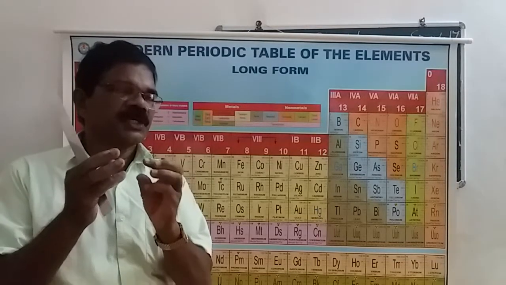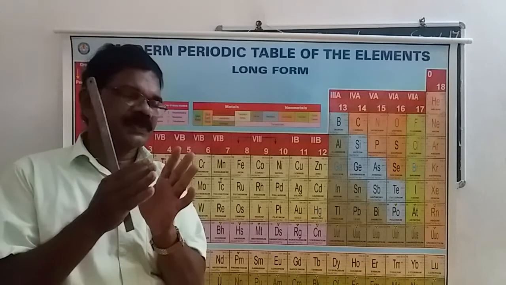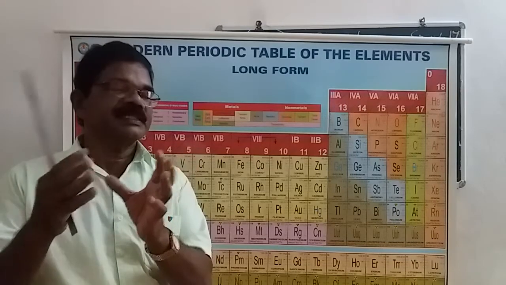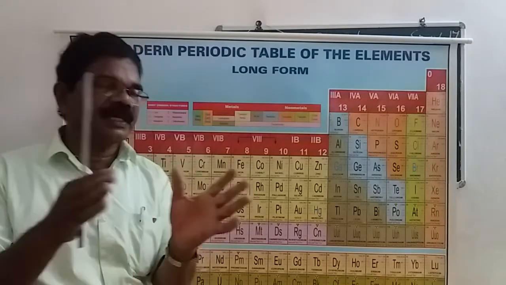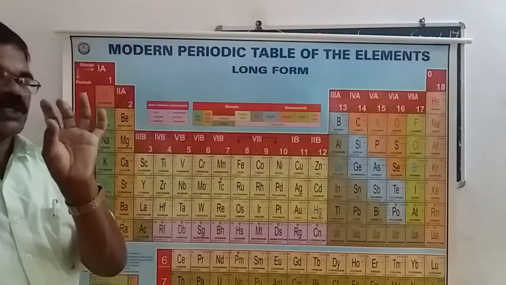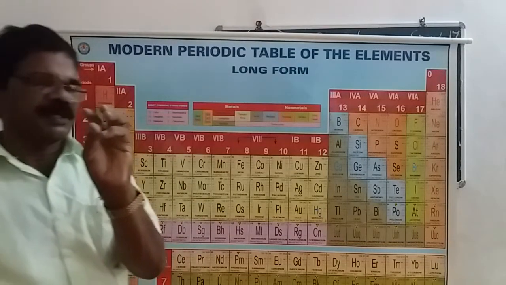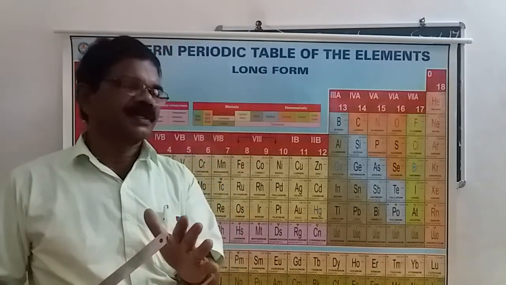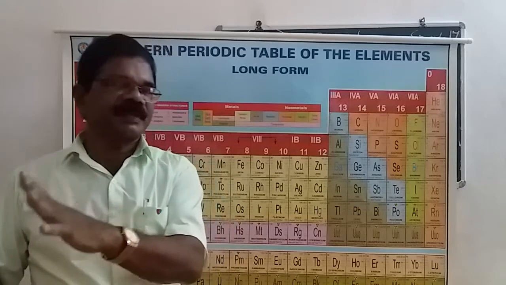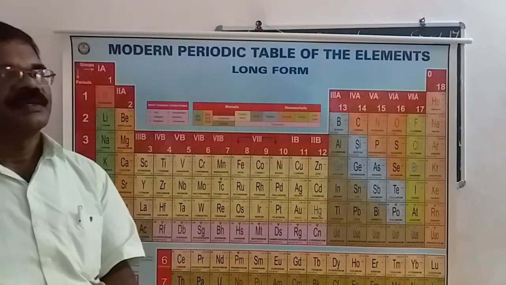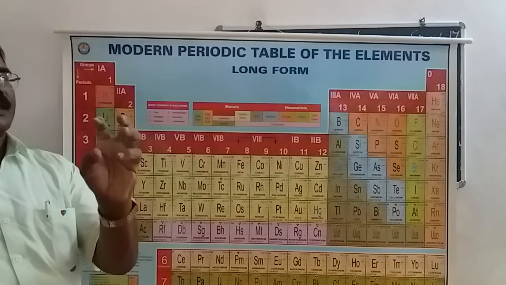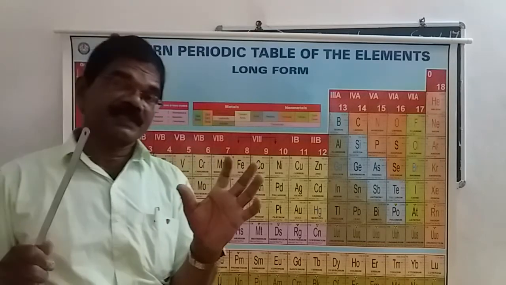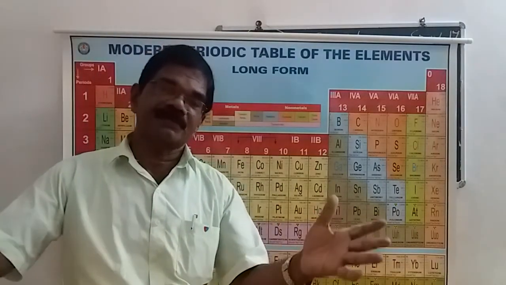In small atoms, that is small atomic radii, electrons are closer to the nucleus. In the biggest atoms, electrons are far away from the nucleus. Which has more tendency to lose electrons? There is no doubt, the biggest atom, because its electrons are far away from the nucleus.